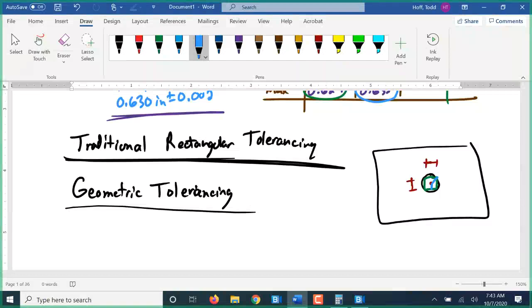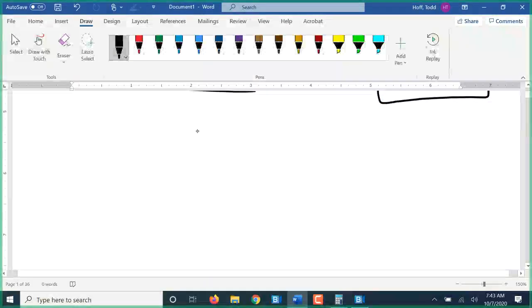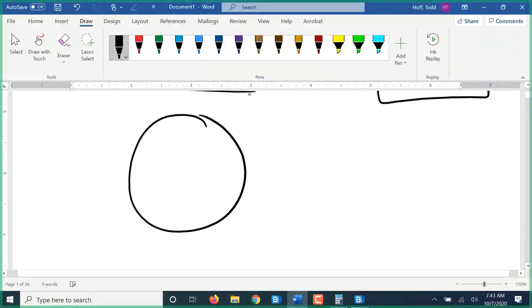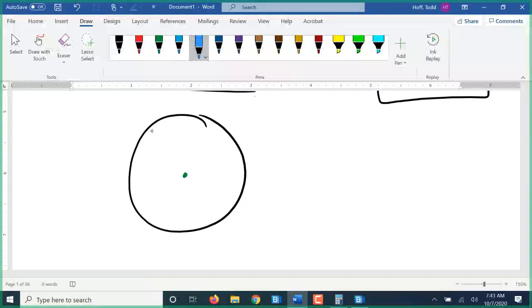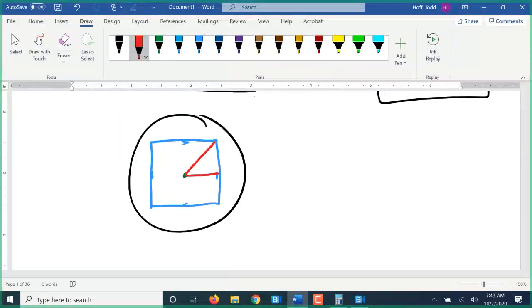So why is it okay to be, let me draw it larger here. So there's our center, and let's say we can be off this far in that direction and this far in that direction, creating that rectangular allowable location. Well, why is it okay to be off this far if we're going at an angle, but only this far if we're going straight?